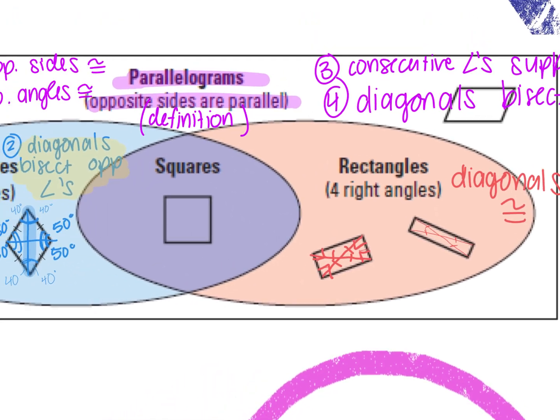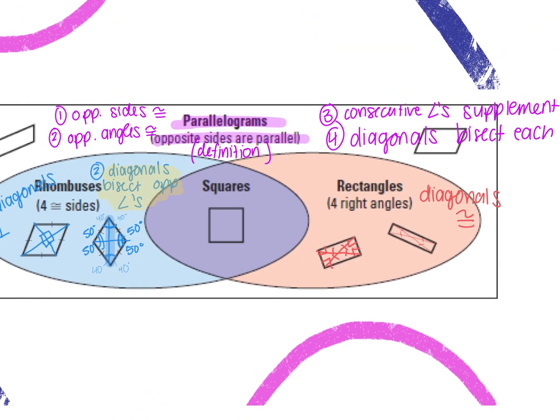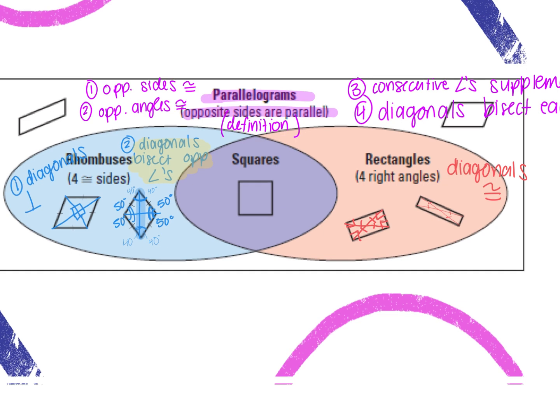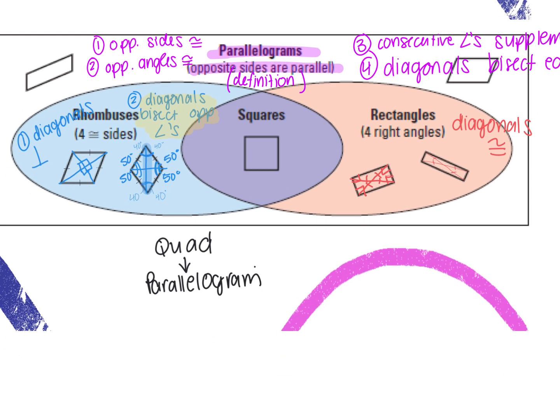So just showing you a diagram of what fits into what category. I have quadrilaterals. Then I have my parallelograms. Parallelograms are inside the category of quadrilaterals.